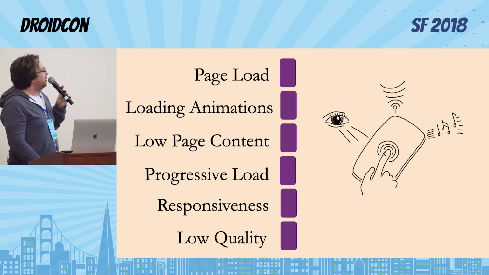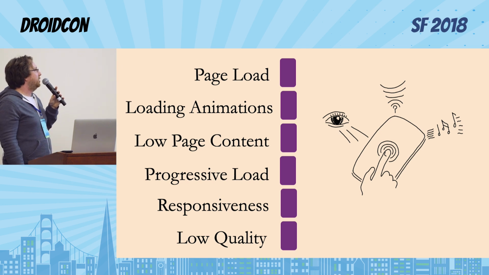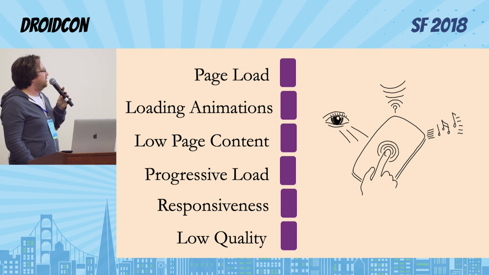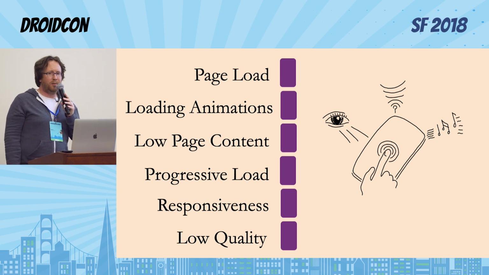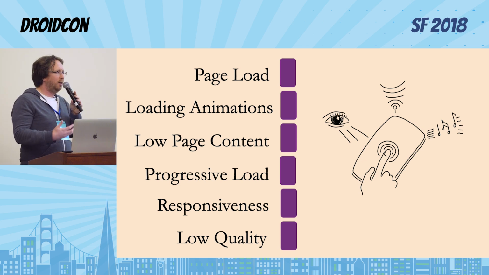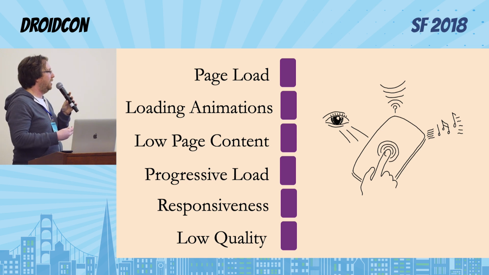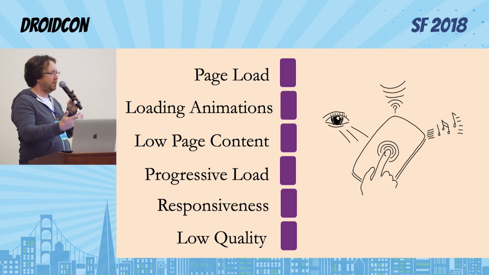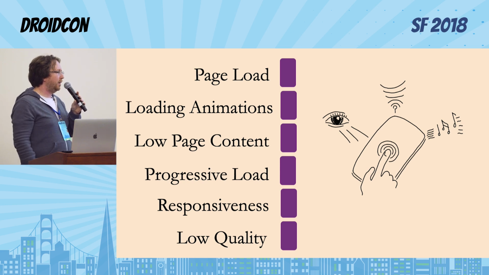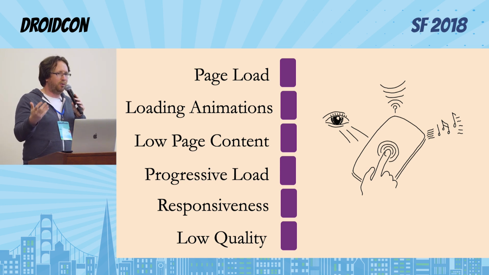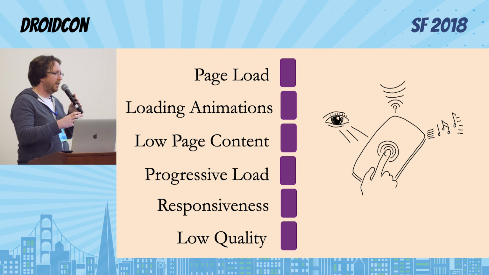The next type of issue we look for is what we call low page content. This is aligned with an information theory perspective, but essentially, people typically have a good experience with apps that have high information on the screen. For example, if there are blank screens or a single piece of text that's not a form, there's a bunch of edge cases here. Forms are usually pretty low content, but are interactive.